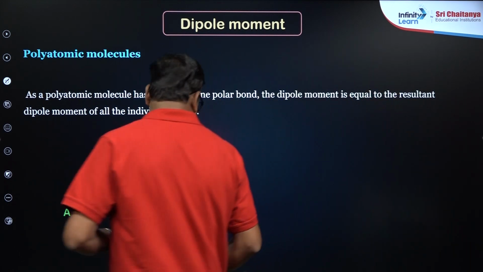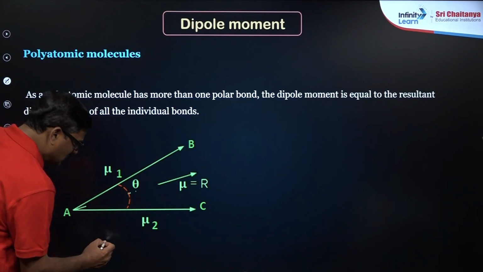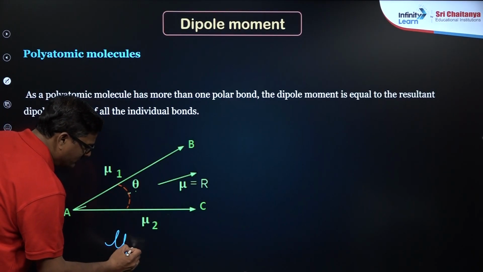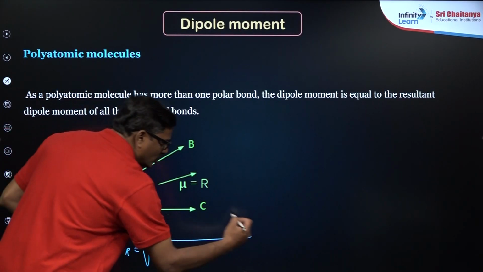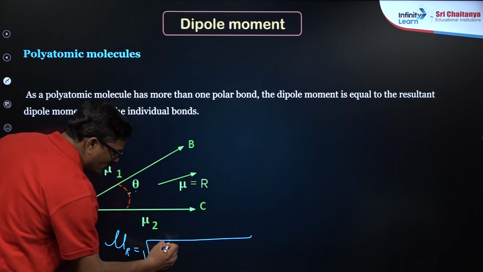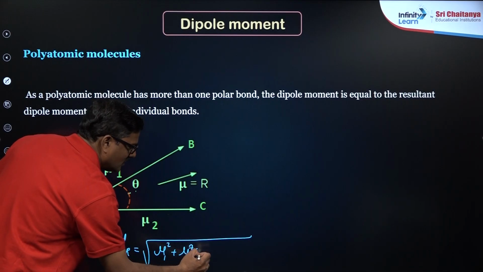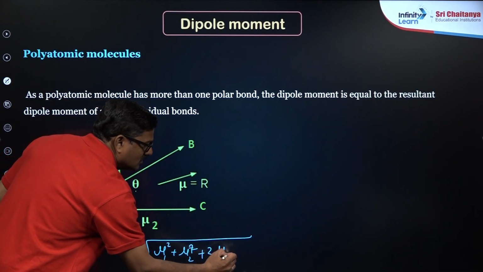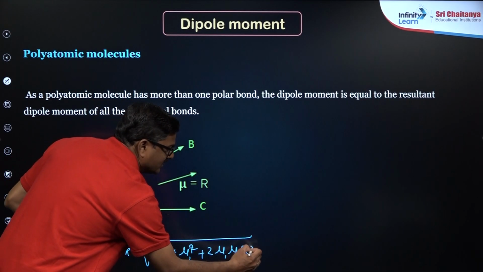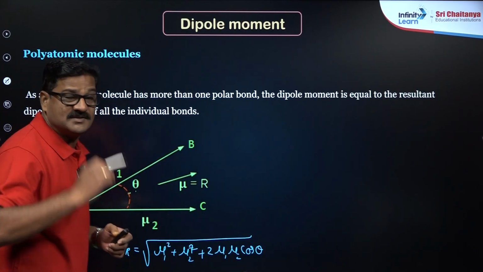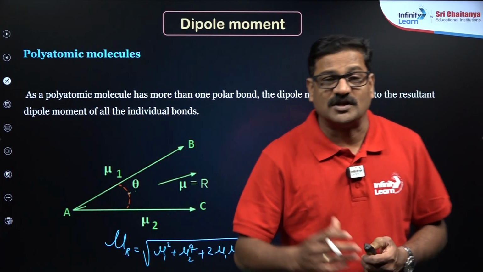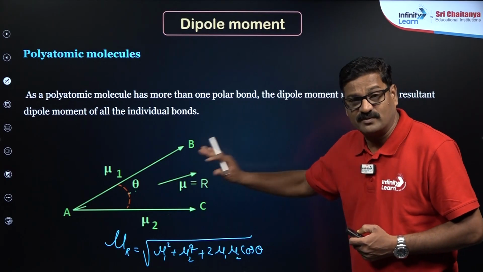The resultant dipole moment is given as root over mu1 square plus mu2 square plus 2 mu1 mu2 cos theta. Dipole moment is a vector quantity, so we can apply the concept of vectors here.